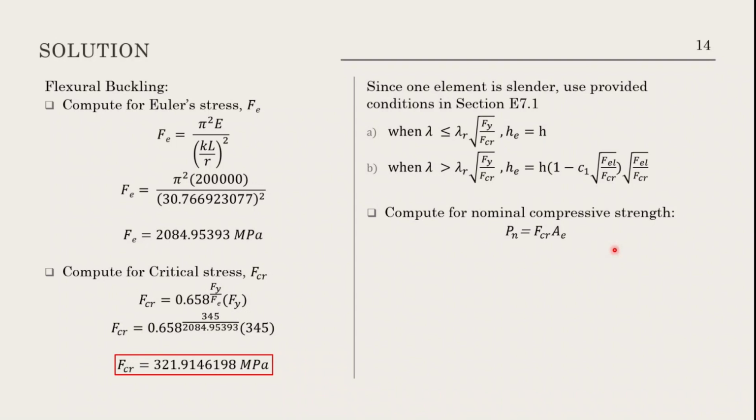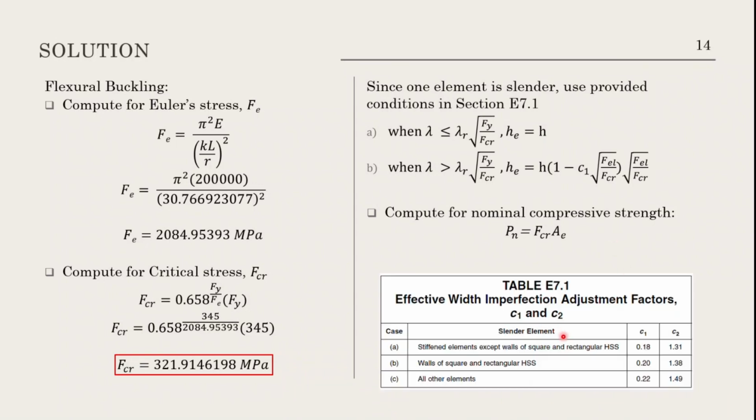And again, this is the table that we will use. Okay, but we have to be careful. Kanina, ang sinosolve natin HSS. So ngayon, ang sinosolve naman natin ay T-shape, no? But if you look at the description of each case, it is not explicitly stated that when you have T-shape elements, use A or use C. It is not stated.